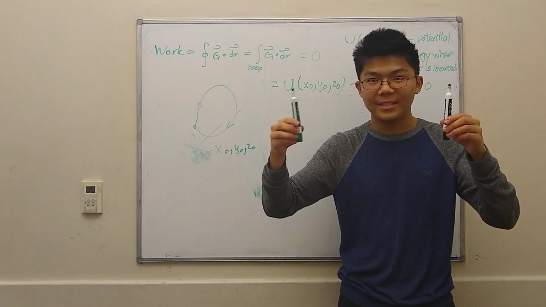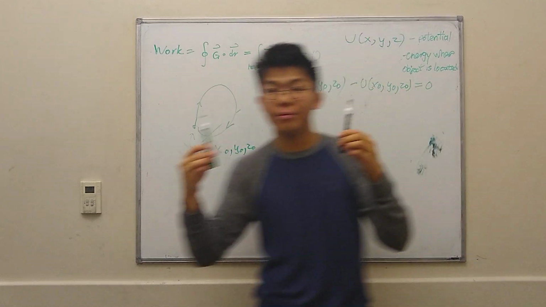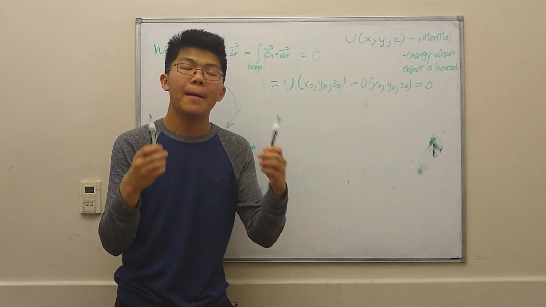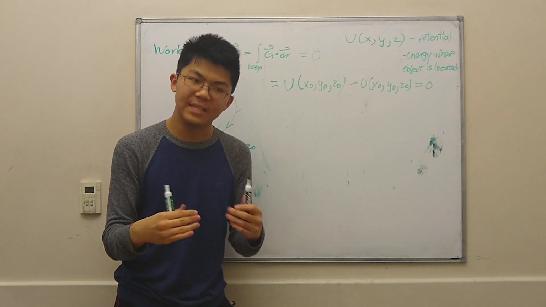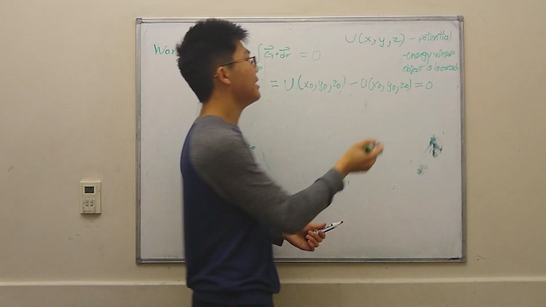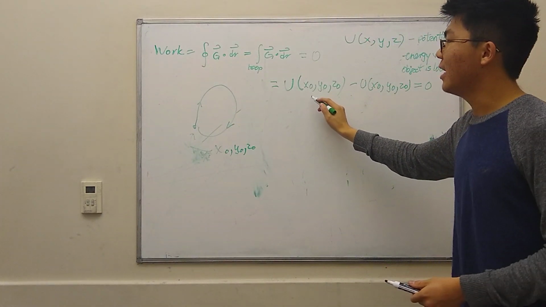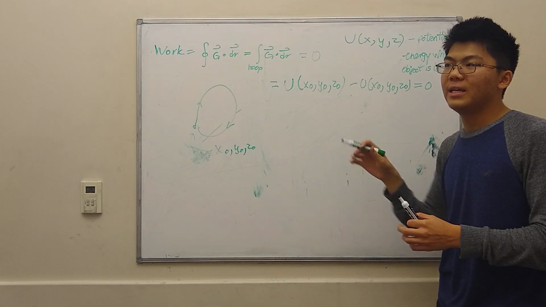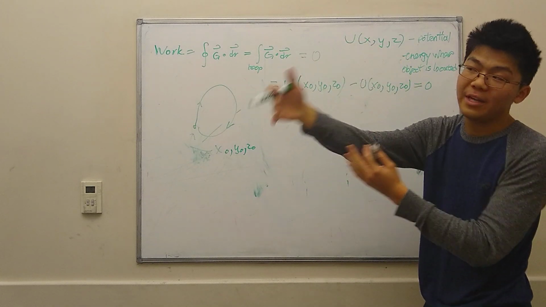If these two markers are at the same height, they have the same potential energy, even though they have different x and y values, but they are at the same z values. But in this case, since we're working in 3 dimensions, I just included x and y in here because we're working in a 3-dimensional space.